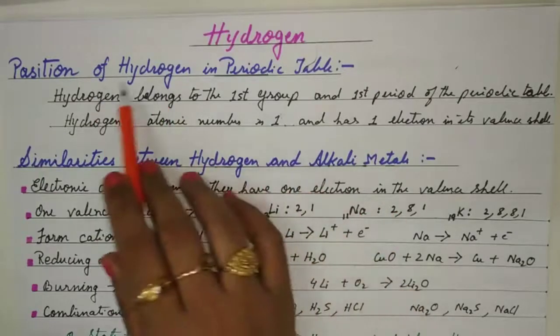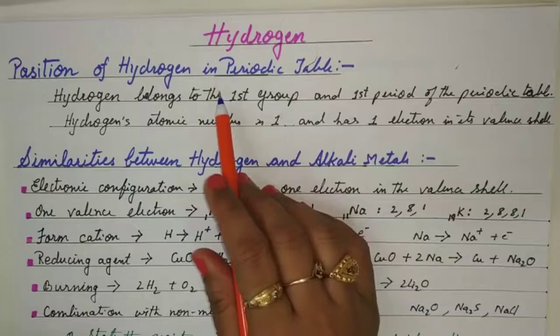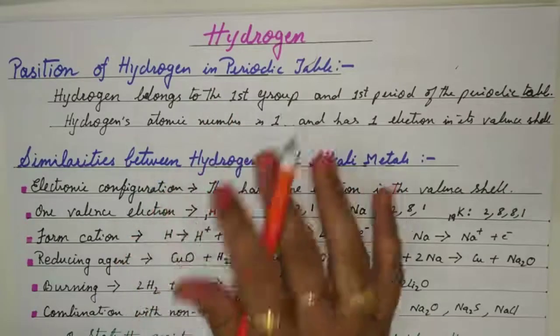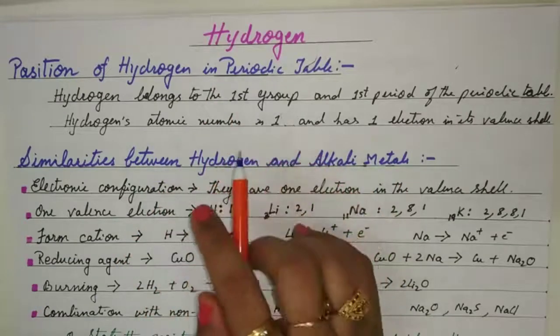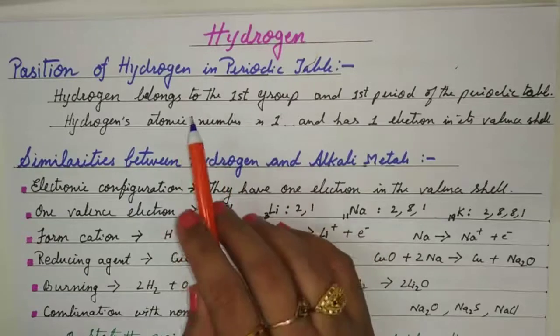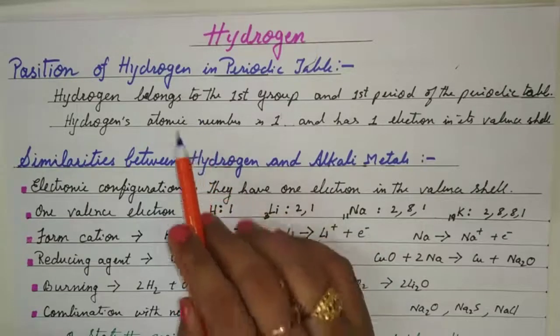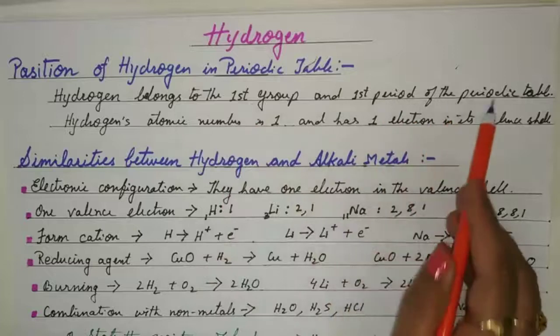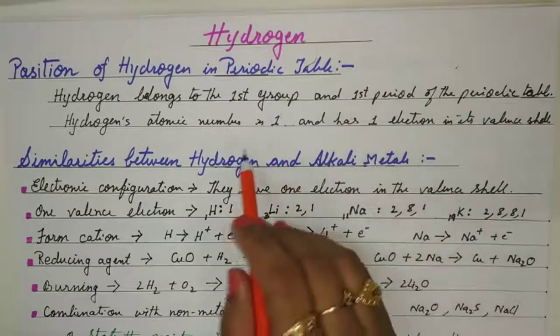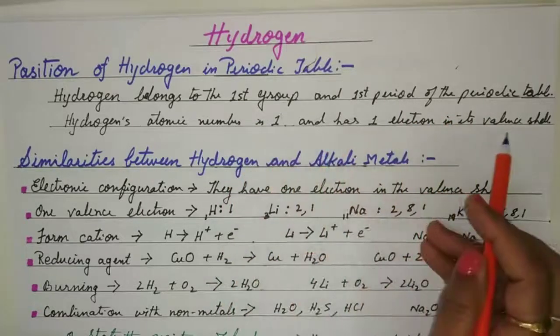But to talk about its position in the periodic table, it has been very controversial and debated, because we all know that hydrogen is the first element, that is the first group and the first period of the periodic table, since the atomic number is 1 and it has 1 electron in the valence shell.